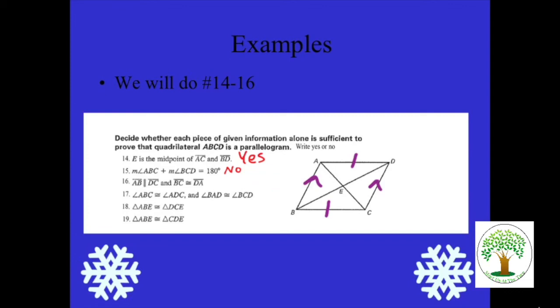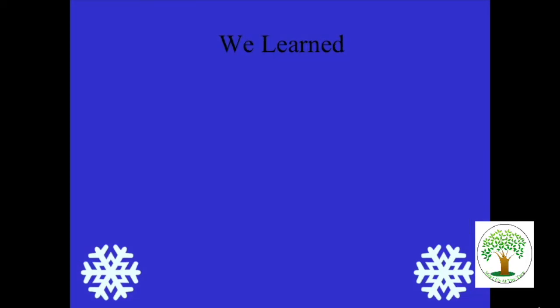To be a parallelogram, the congruent and the parallel sides have to be together. So no, we do not have enough information. Questions? We do not have to write the reasons, only yes or no.